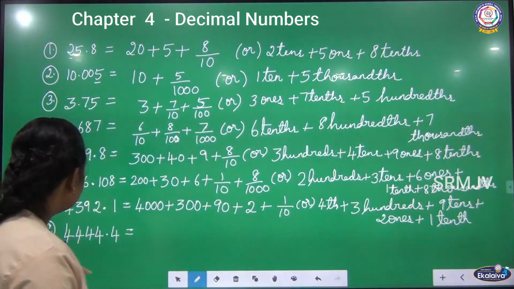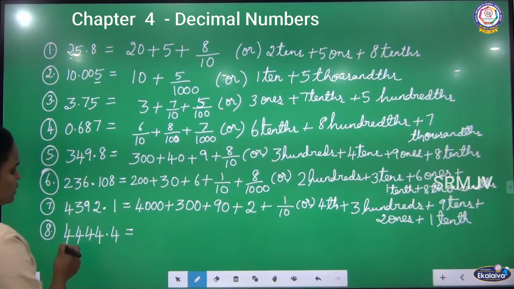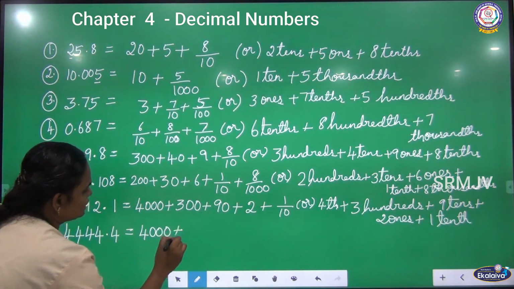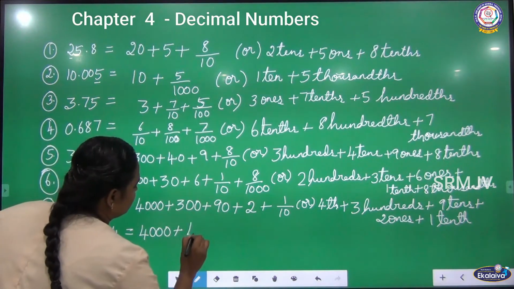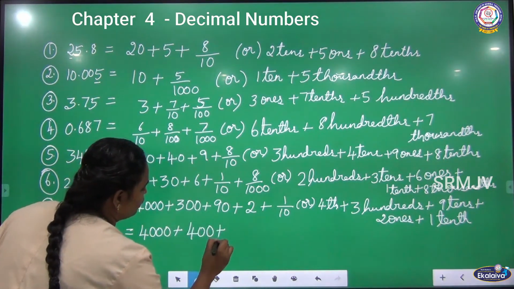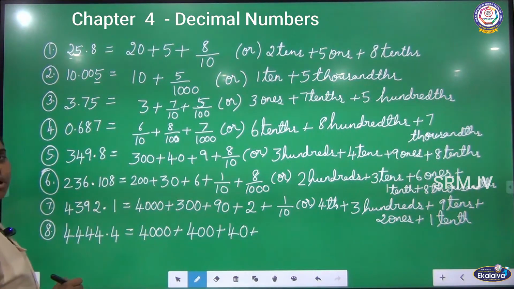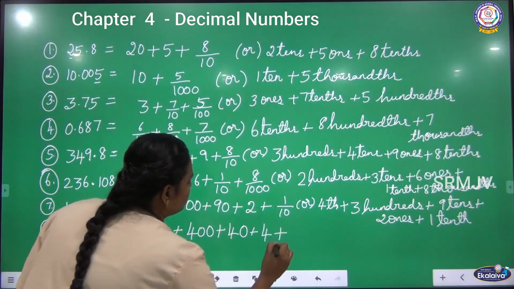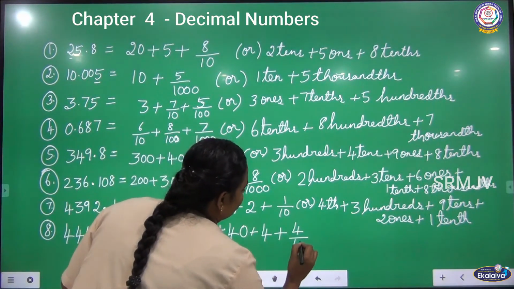Next one is 4444.4. So what is the place value of 4? 4000. Next place value of 4 is 400. Next place value of 4 is 40. Next place value of 4 is 4 ones, so you can write 4. Next place value of 4 is 4 by 10.